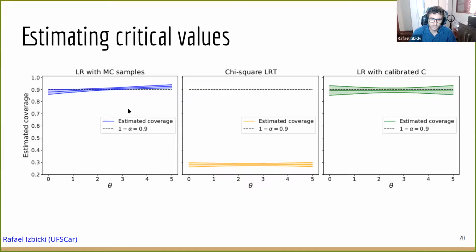Now what we do is compare it to the Monte Carlo approach. To make the comparison fair, we take the same number of data points that were used to compute the quantile regressor. I think it was like 10,000 here, and split those Monte Carlo samples in a fine grid over theta.